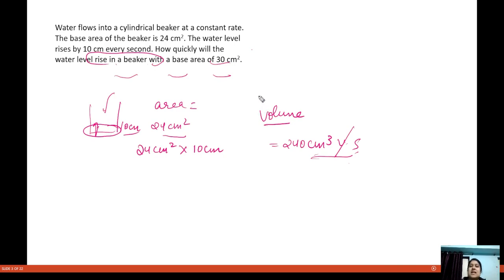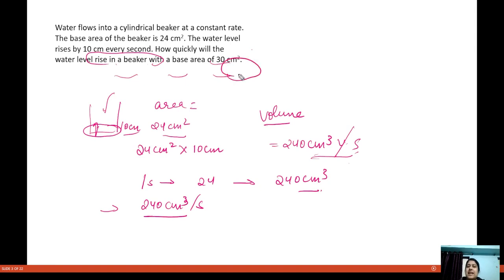Now the question is asking how quickly will the water level rise in a beaker with a base area of 30 centimeter square. So in 1 second, when the base area was 24, you get 240 centimeter cube. Now you know that the water is flowing into the beaker at the rate of 240 centimeter cube per second.